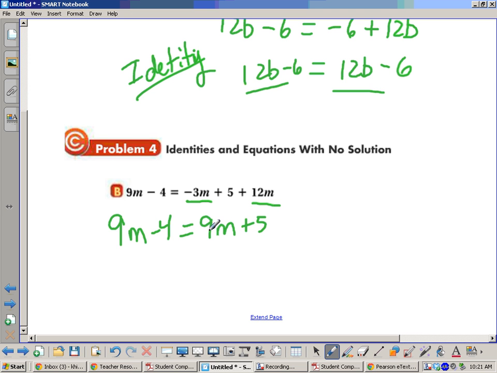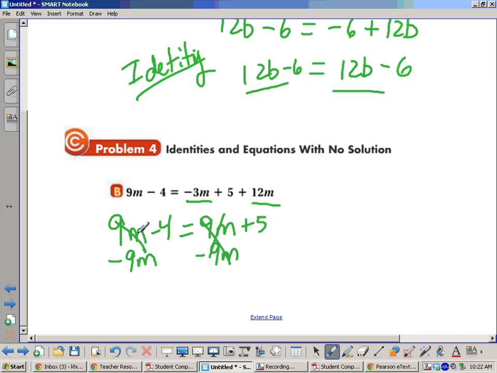This is going to be a no solution. You can't take the same number and variable, add a number on one side and subtract a different number on the other side and expect to get the same answer. But I'm going to go ahead and go through the steps. In order to get us to understand that this is a no solution, we're going to take this 9m and move it to the other side.